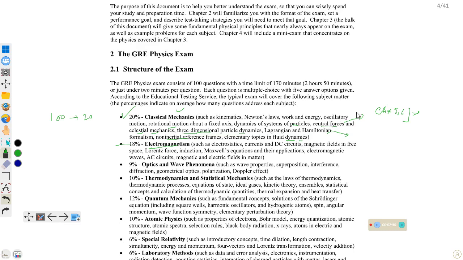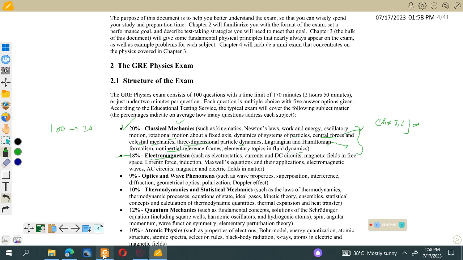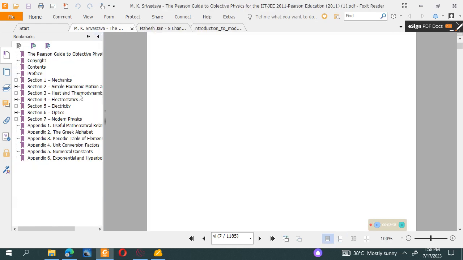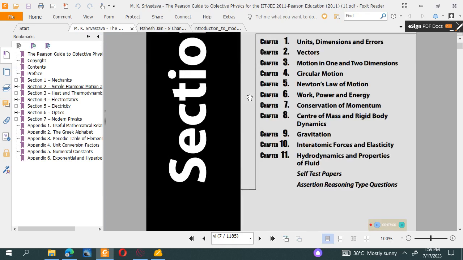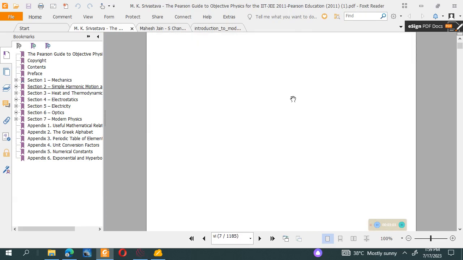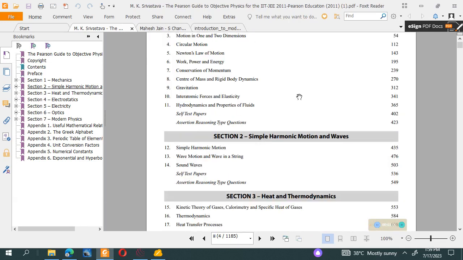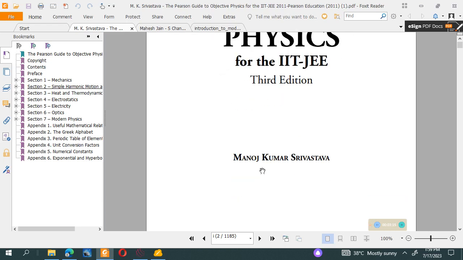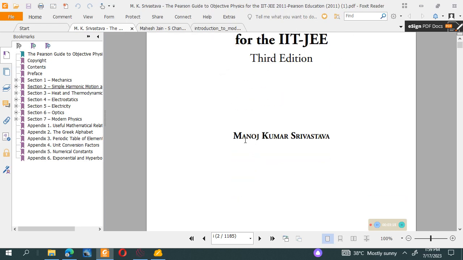If I go into the details of these topics, there are some books which can help you in various aspects. For example, for the subject of classical mechanics, this is the book, I think this is the name: Pearson Guide to Objective Physics for the IIT-JEE, third edition, written by Manoj Kumar Srivastava, abbreviated as MK Srivastava.